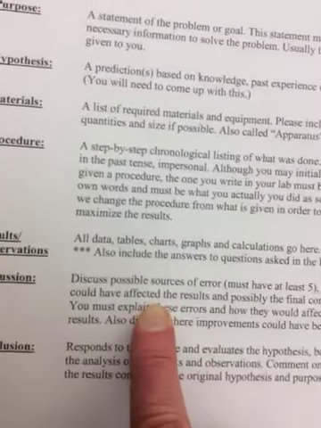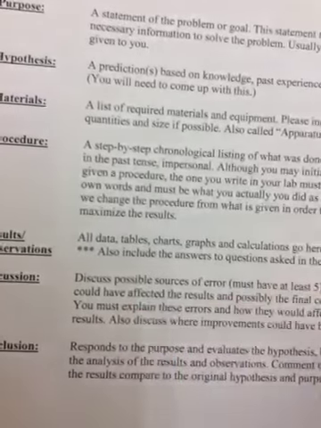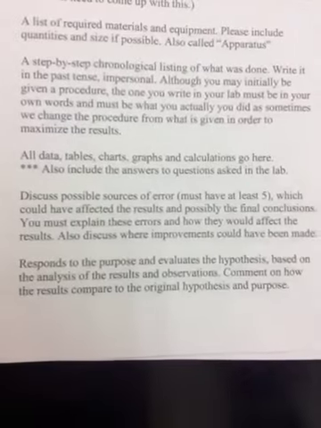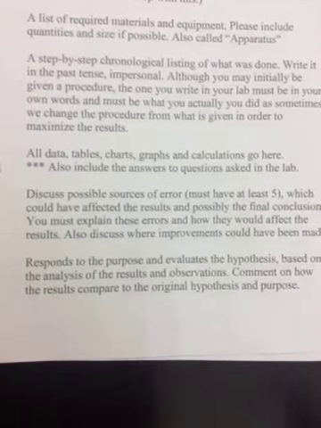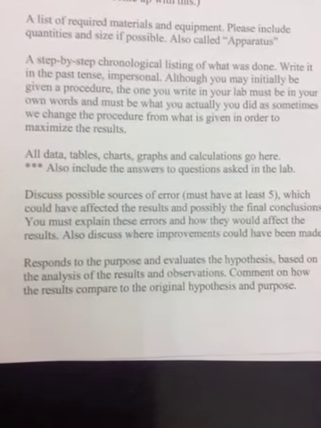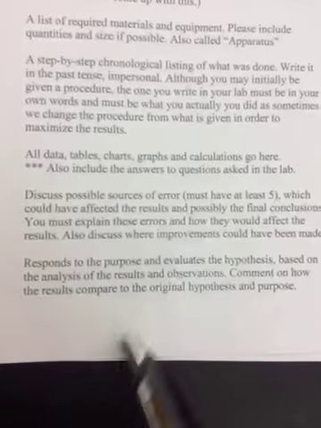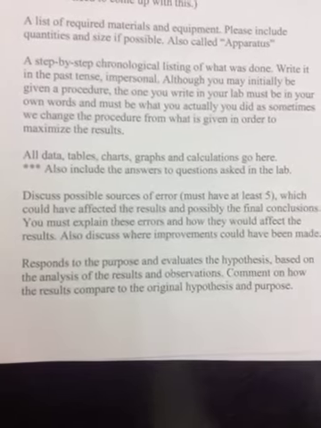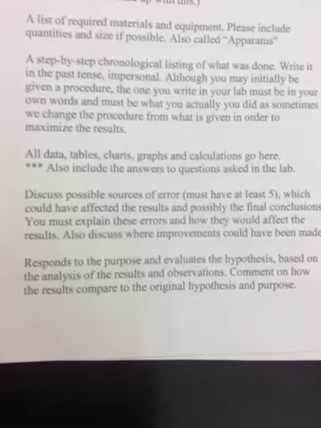Then the discussion. In the discussion, you need at least 5 sources of error. We'll talk about sources of error in class, and you should always lead with the most important ones. So if there are 6 that are really important, I don't want you to just have 5. You should have 6 really important ones. In some labs it might be hard to find 6 really important ones, so maybe there were just 5.